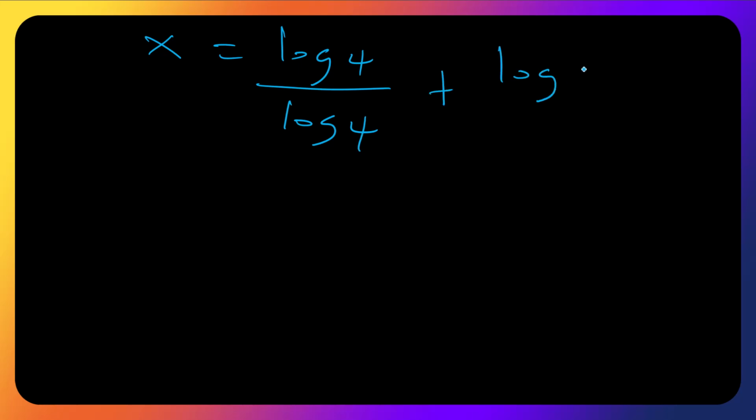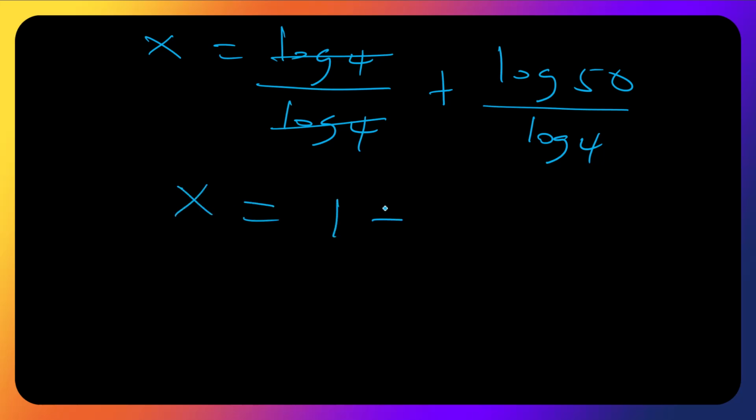So x will be log 4 over log 4 plus log 50 over log 4. So this side will cancel. My x will be 1 plus log 50 over log 4.